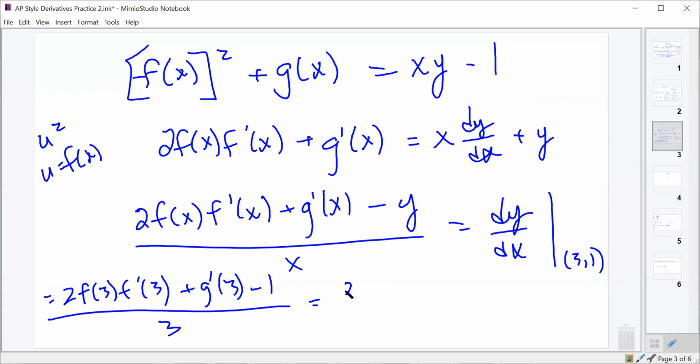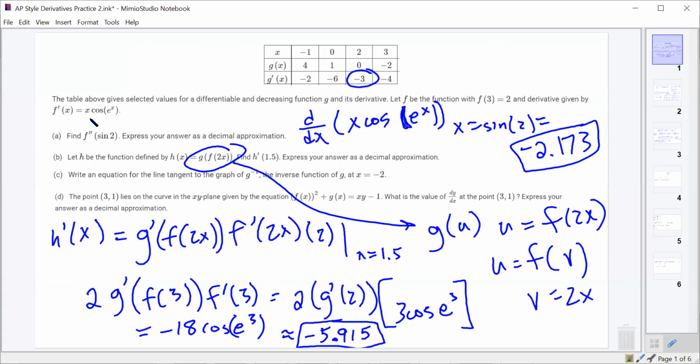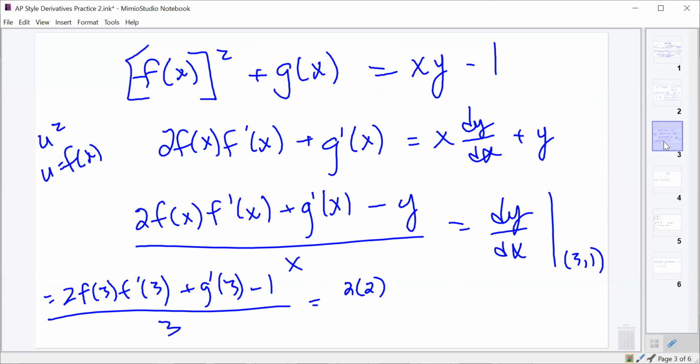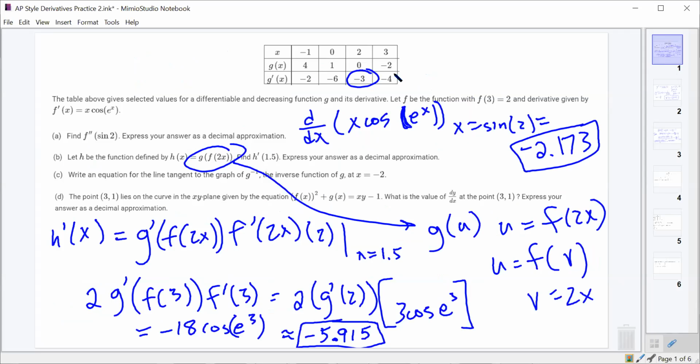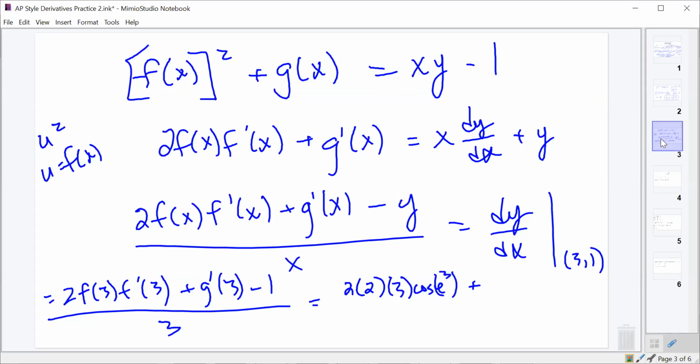So this is 2 times 2 times f prime of 3. And f prime was this: 3 cosine of e cubed. So times 3 cosine e cubed plus g prime of 3. And g prime of 3, once again, from our chart was -4. So plus -4 minus 1, all over 3.